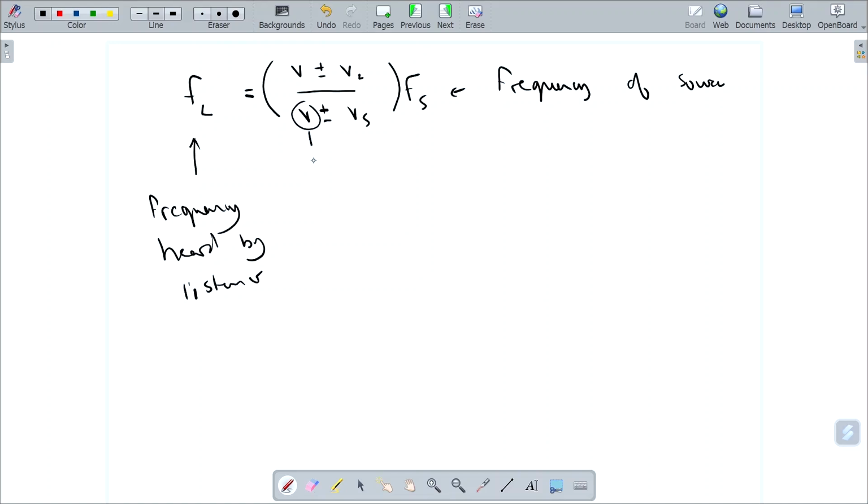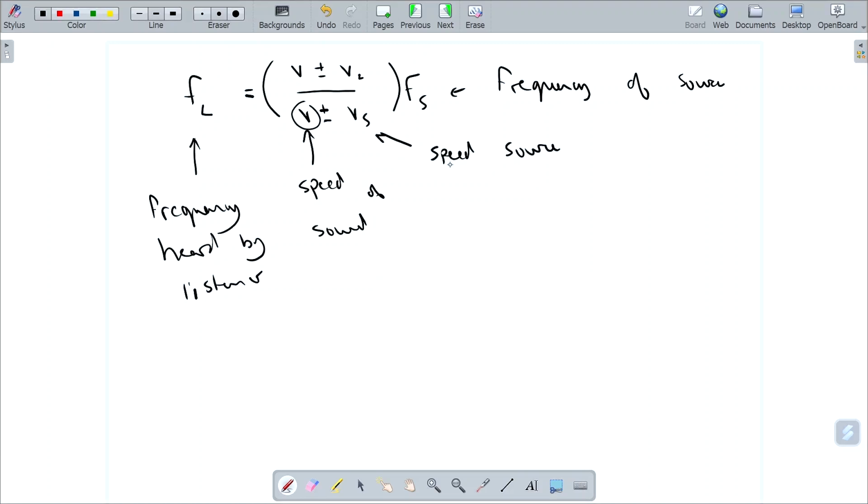This v is just the speed of sound, the normal speed of sound if we had a stationary object emitting the frequency, right? And then what we have here, vs, this is the speed of the source.